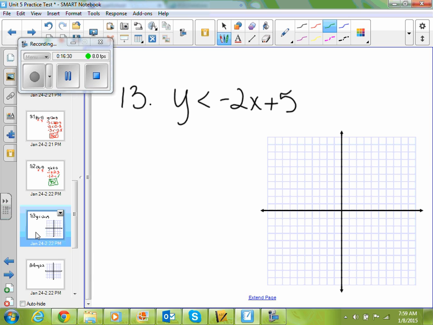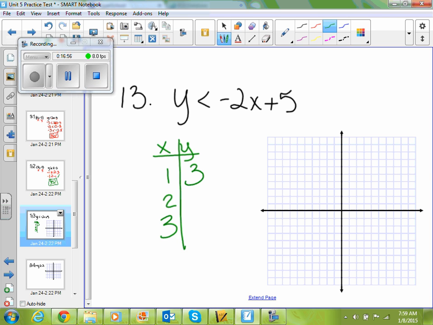Alright, on number 13, we're given the inequality y < -2x + 5, and we're told to graph it. So we're going to make a table of values. If I plug in 1 for my x, -2 times 1 is -2, and -2 plus 5 is 3.